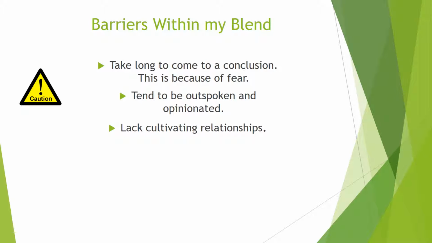And the last one, lack of cultivating relationships. As I mentioned with the C-oriented, these traits are carefree, and sometimes I can really be consumed with what is going on in my life and my needs, and I neglect the needs of others. This is something I will continue to work on.